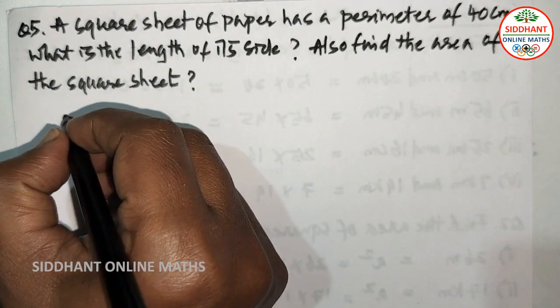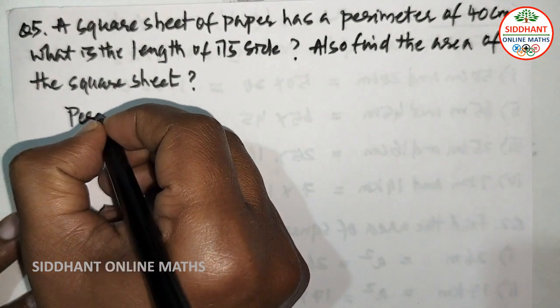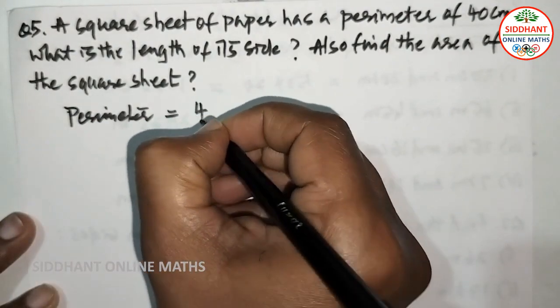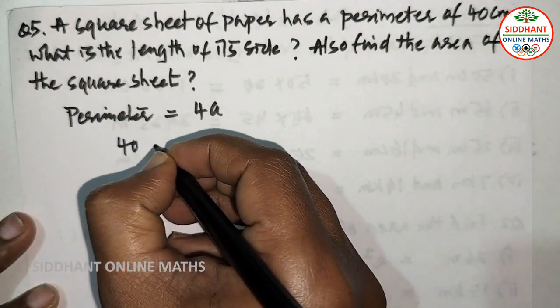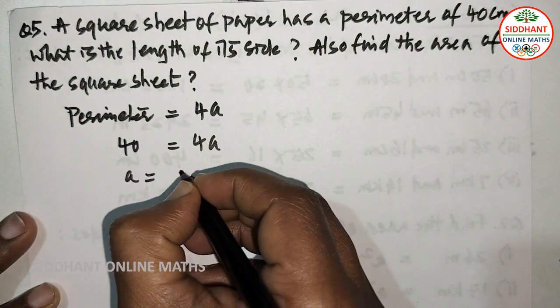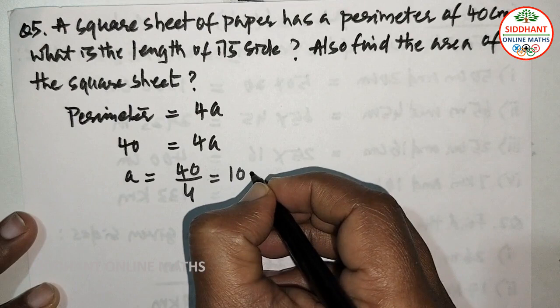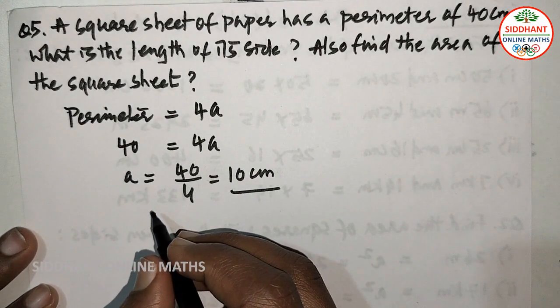So here we know that perimeter of square is 4a. The perimeter is given 40 centimeters, that is equal to 4a, then a is equal to 40 by 4, so that will be 10 centimeters is the length of a side.